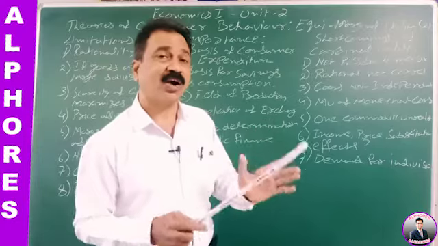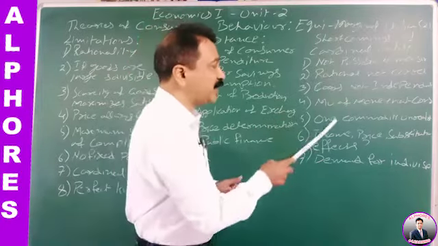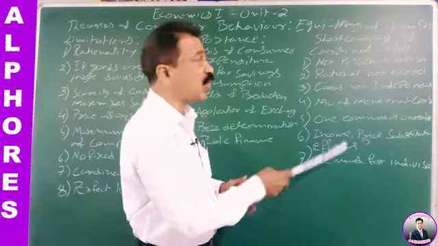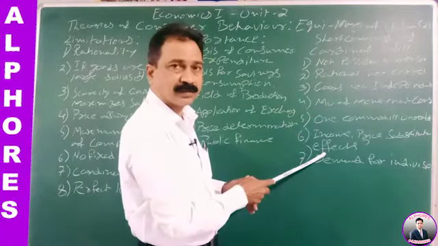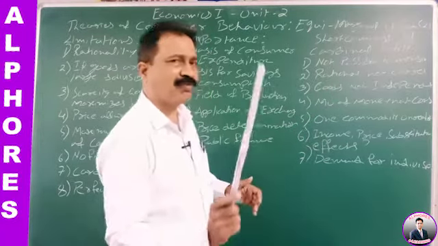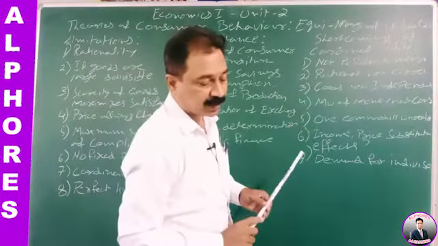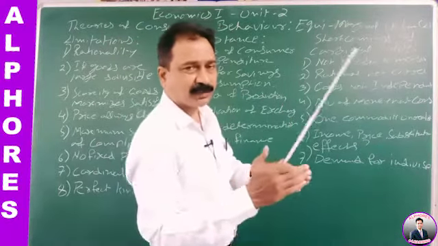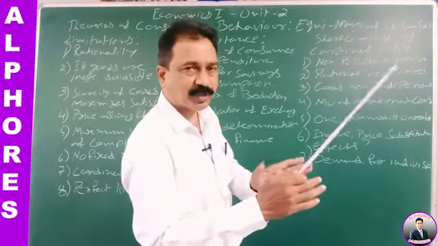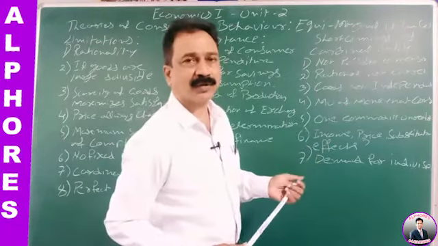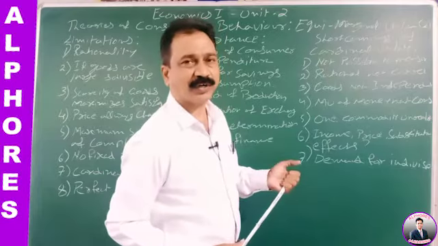Because cardinal utility has many shortcomings, limitations or weaknesses. Now we will have a detailed discussion of the shortcomings of cardinal utility. In your book you can see, after the law of diminishing marginal utility, the next topic is shortcomings of cardinal utility. Now we will see.